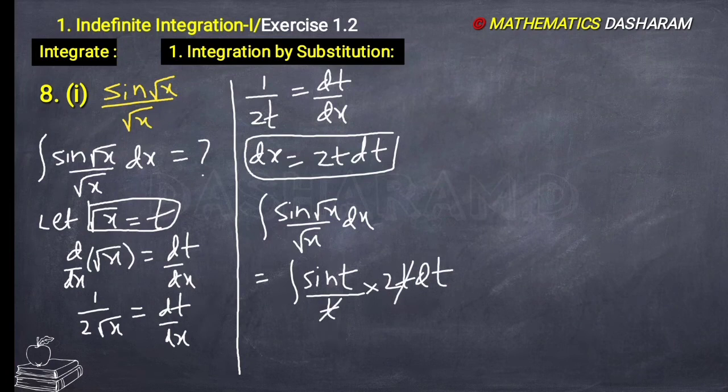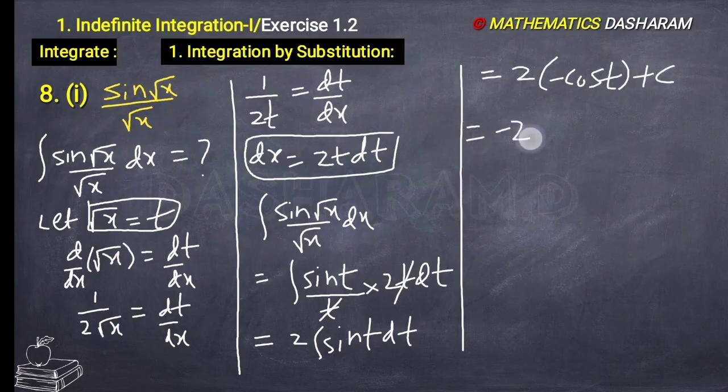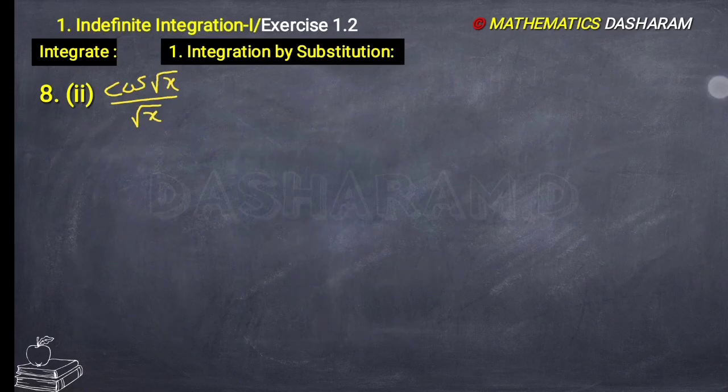Here t cancels and 2 is a constant, so 2 times integration of sin t dt. The integration of sin t is minus cos t plus c. So it is minus 2 into cos root x plus c. This is our required answer.